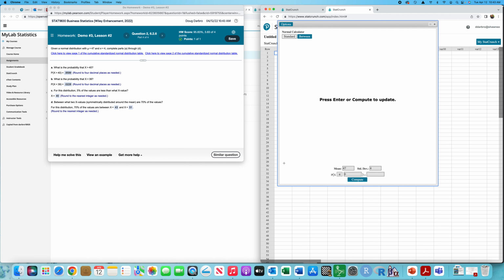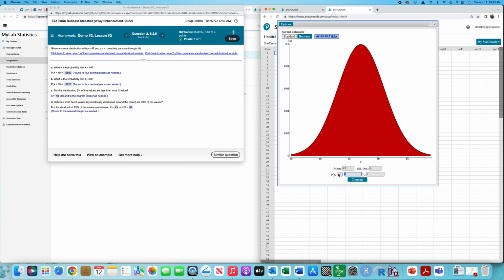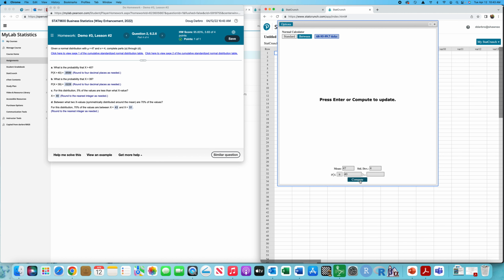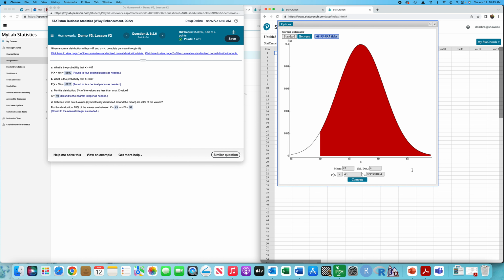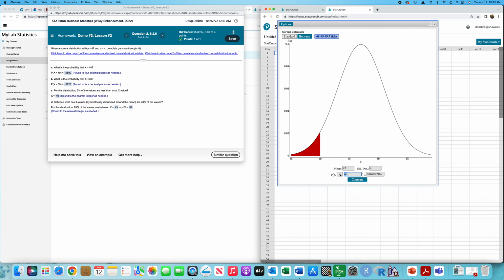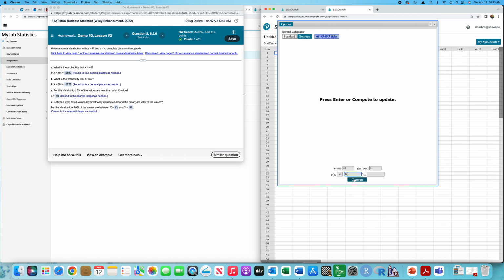What's the probability that x is greater than 40? You can see it's 0.9599. What's the probability that x is less than 39? Now, one thing, less than or equal to, in normal distributions they're the same thing, so we don't have to worry about that. So 0.0228.